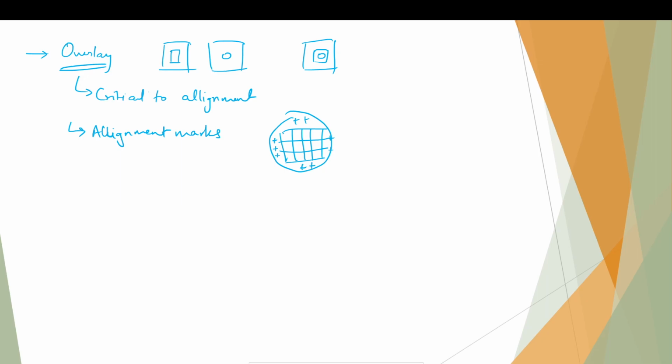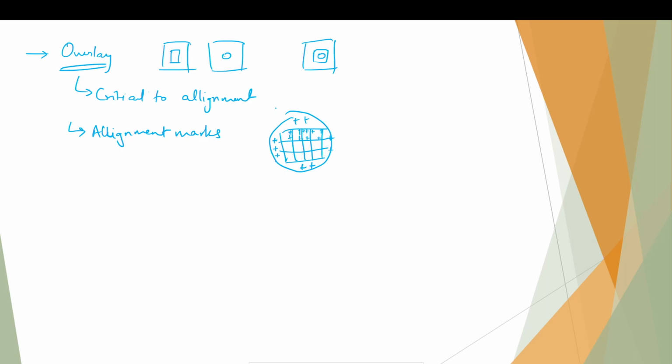We are first writing the square layer, then the circle layer. When we write the square layer, we align it to these marks. Then when we write the circle layer, we again align it to these marks. In addition, we can also have local alignment marks, so that every reticle gets aligned properly. All that is possible in projection lithography, and that is the reason it gives very good yield, or very good throughput.